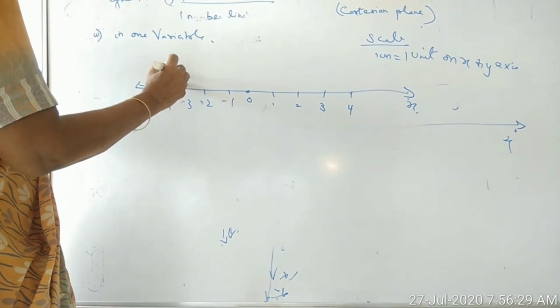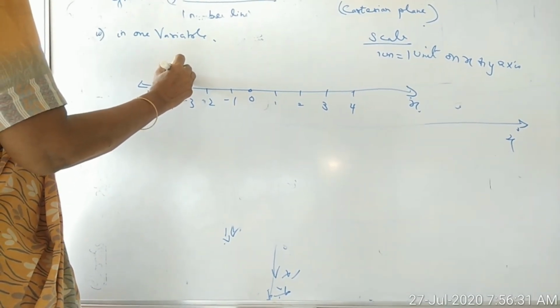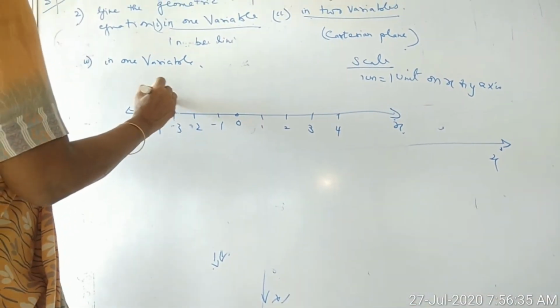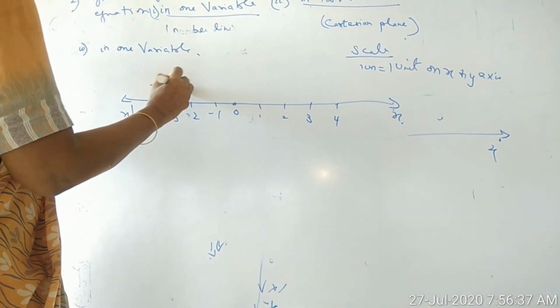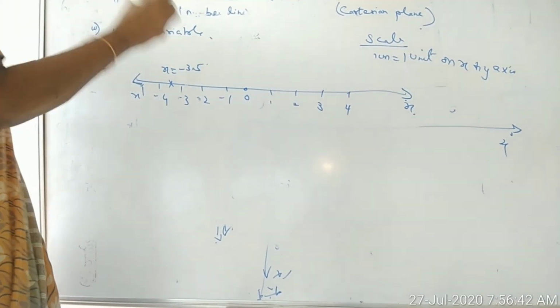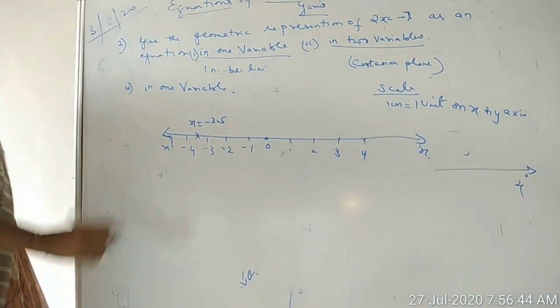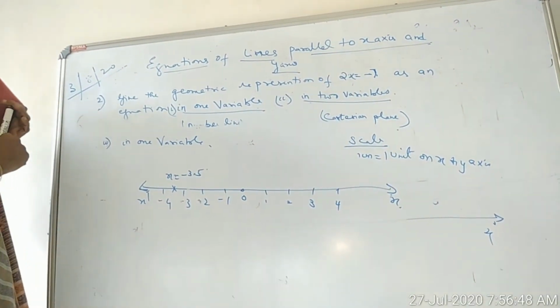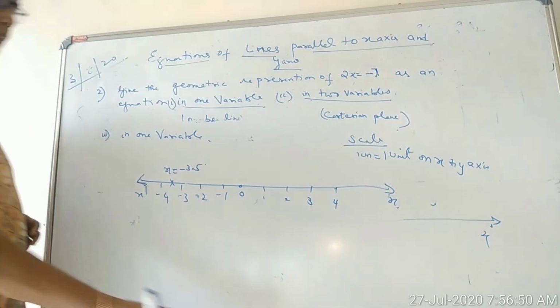Minus 3.5. X is equal to minus 3.5. I think you have followed, girls. Now this is how to represent equations of lines parallel to the x and y axis.